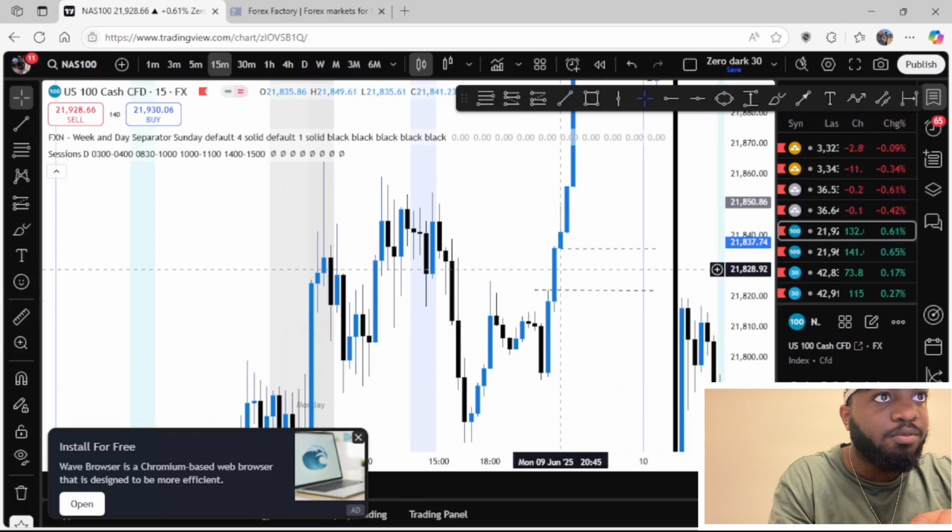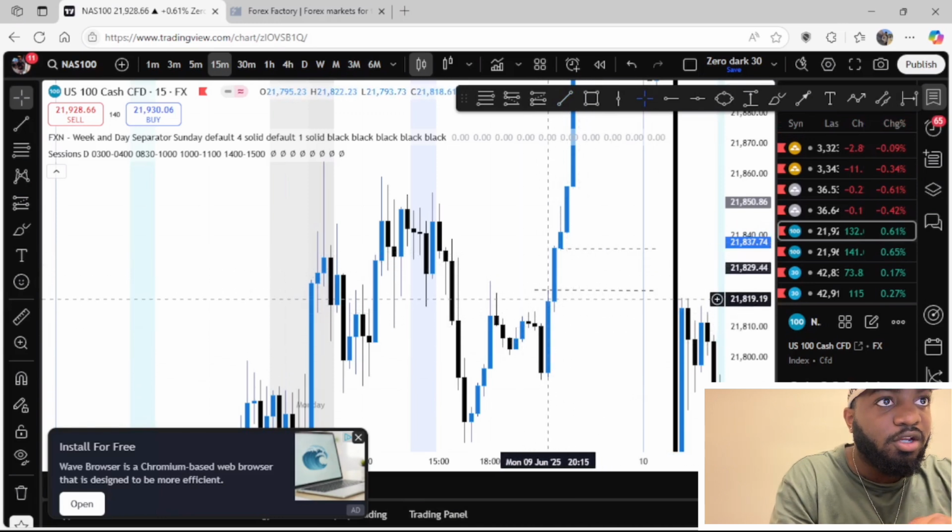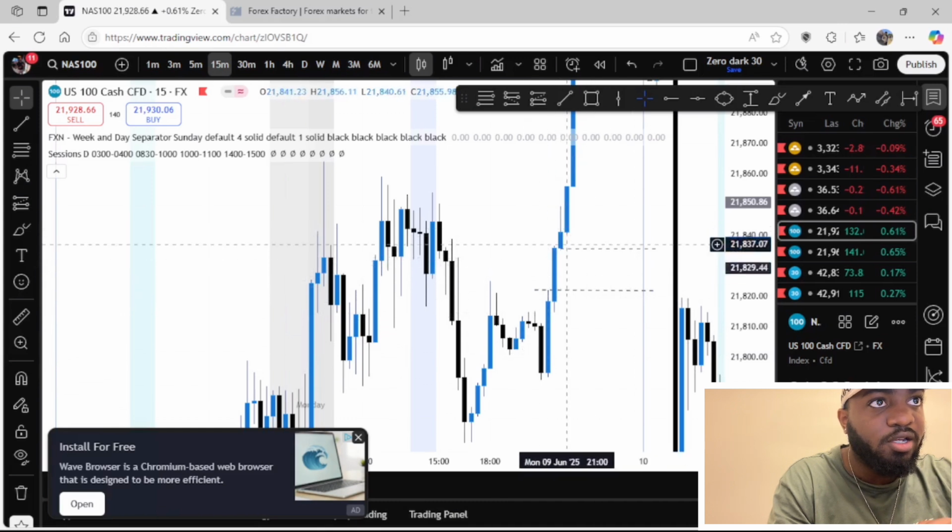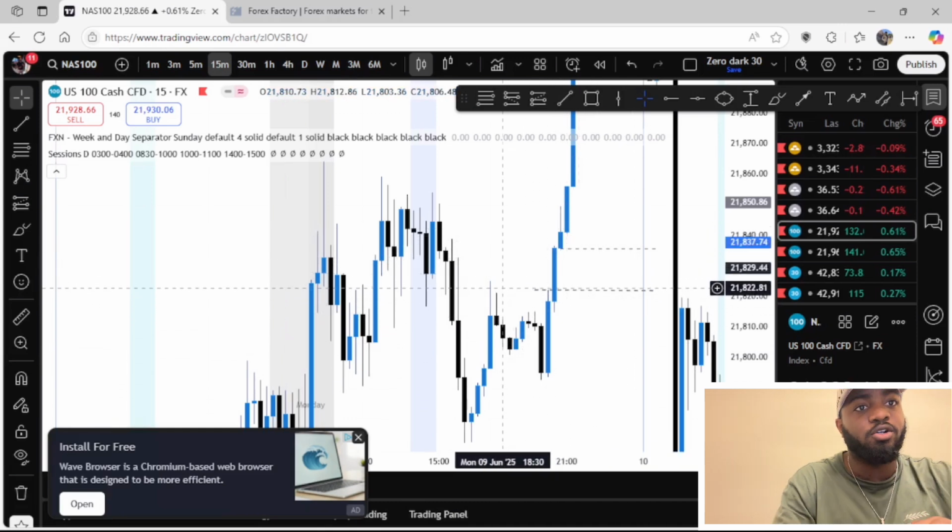So this would be considered a fair value gap right here. You see how you have a candle here, you have this candle, and then this candle's wick. These two wicks make up the gap, and this space right here between both candles is considered a gap.